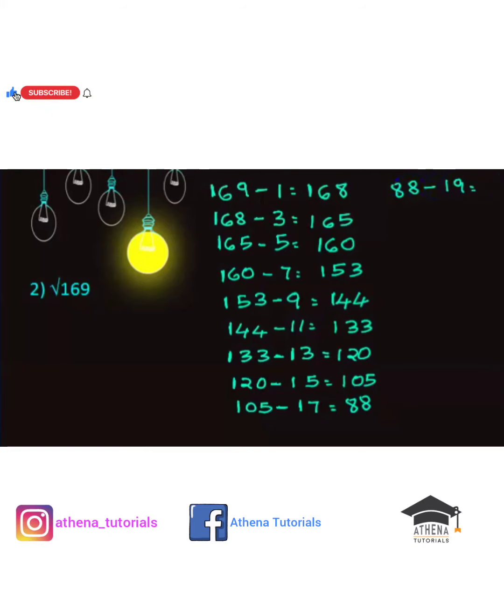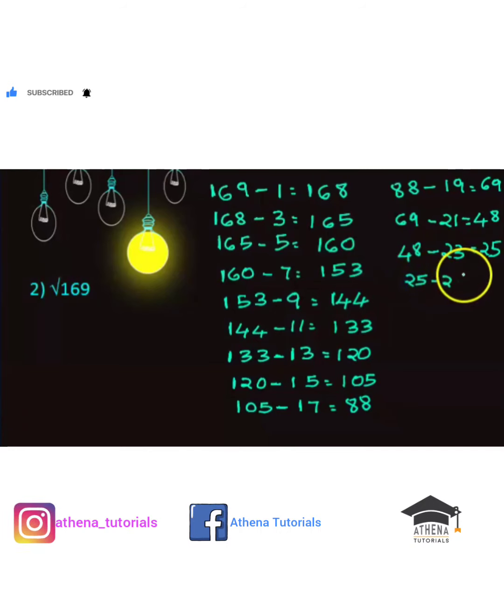We'll get the answer as 69. Then 69 is subtracted by 21. We'll get the answer as 48. And 48 minus 23, we'll get the answer as 25, and 25 minus 25 is equal to 0.